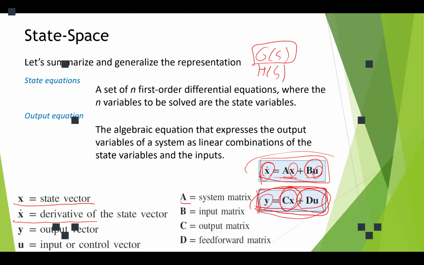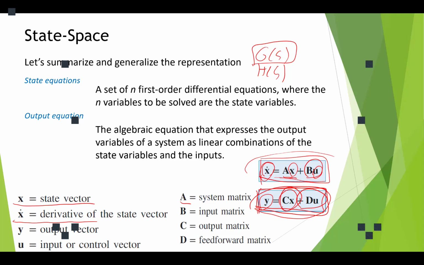Very important condition when we want to define a transfer function. Anyone remembers that? We assumed that the initial conditions are 0. Remember? So that is a very important piece of information when we define that transfer function.